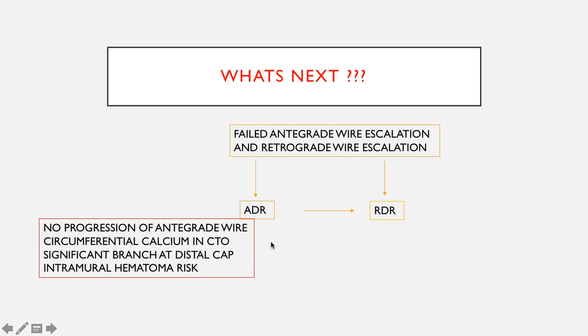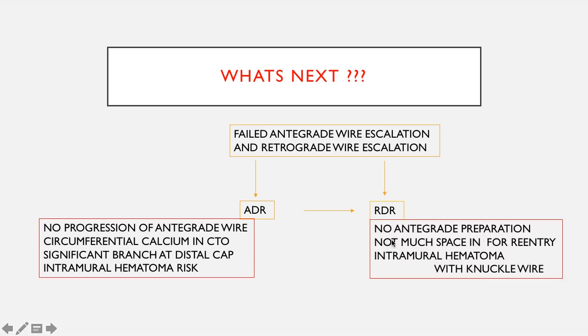So these are the issues with the antegrade dissection re-entry, and if you go to retrograde dissection re-entry, there is no antegrade preparation in this case as the wire has not progressed into the lesion. Not much space in proximal RCA for re-entry, and intramural hematoma possibility with knuckle wire.